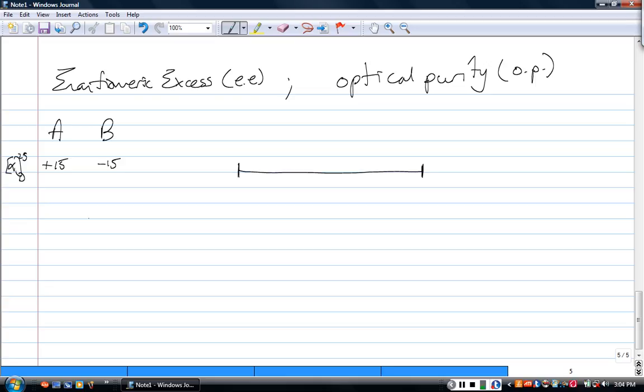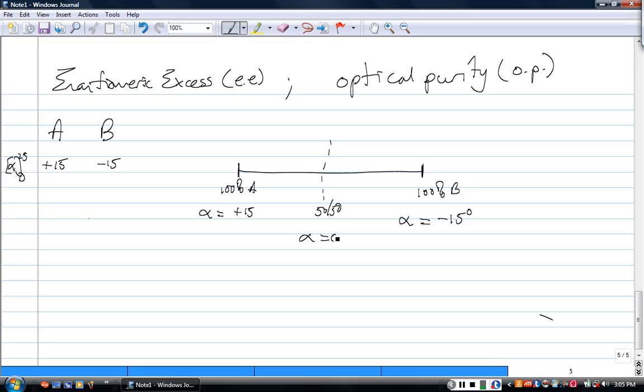What this means then is that if my mixture is 100% B, then the alpha value that I observe is going to be minus 15 degrees. Now, if it is 100% A, then the alpha value is going to be plus 15 degrees. Now, I recognize, by the way, that if it is 50-50, the alpha value is going to be 0.